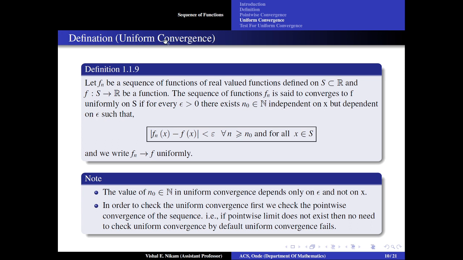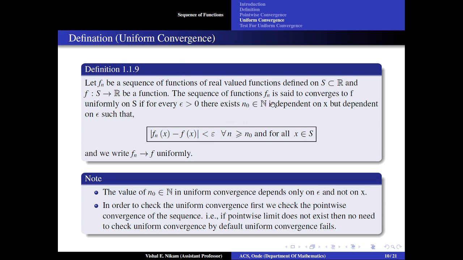The definition of uniform convergence is this. Let fn be a sequence of real valued functions. Sorry, there is a printing mistake here. Let fn be defined on S, which is a subset of R, and f defined from S to R be a function.